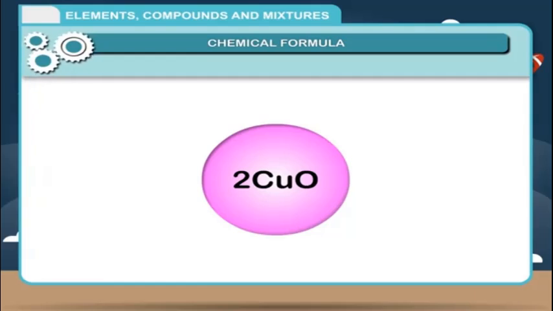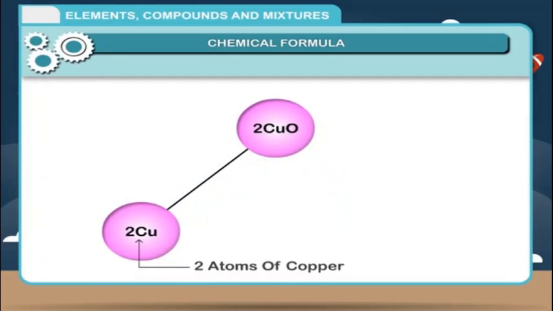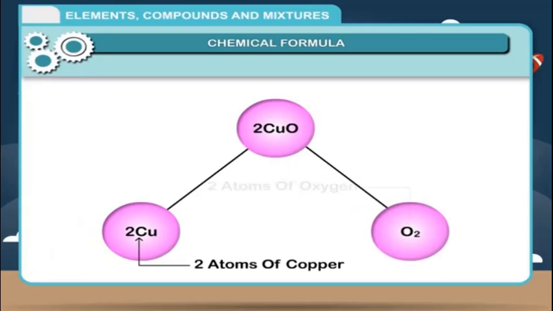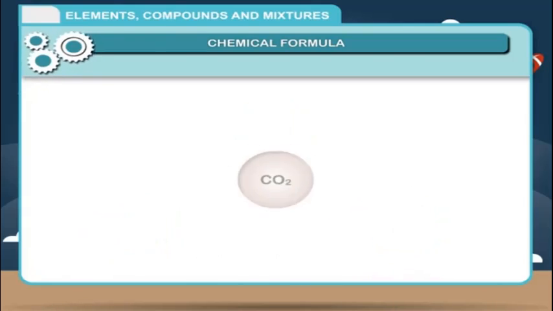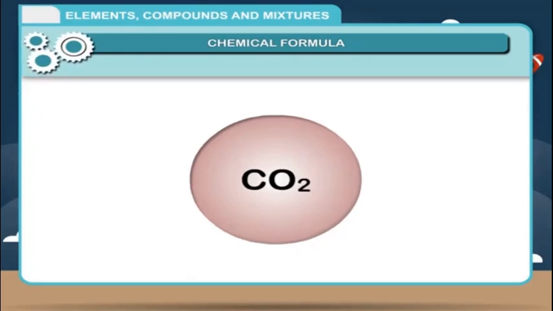When we write 2CuO, it means 2 molecules of copper oxide, which contains 2 atoms of copper and 2 atoms of oxygen. 3. When the numeral is written on the right bottom side of the symbol, it represents the number of atoms in one molecule of a compound.